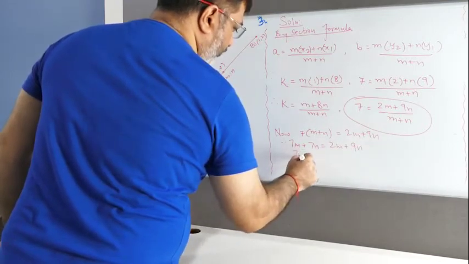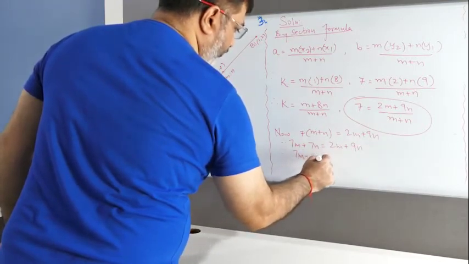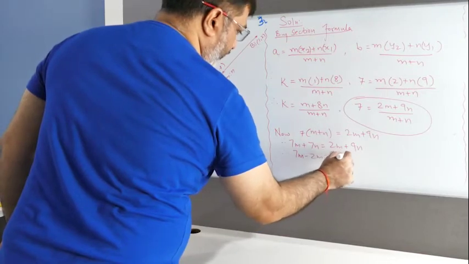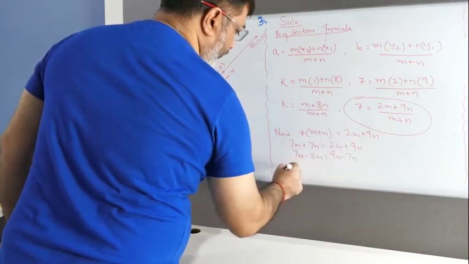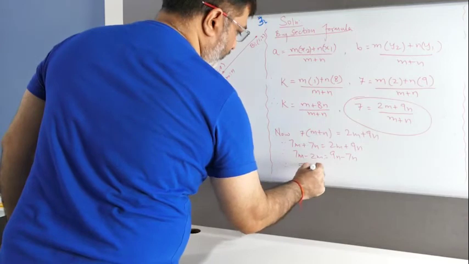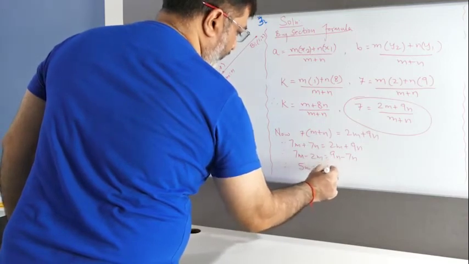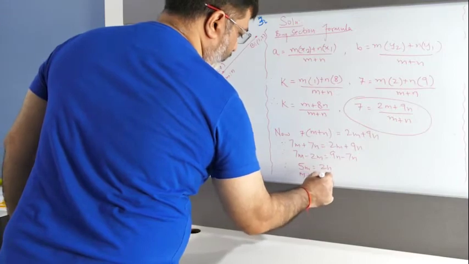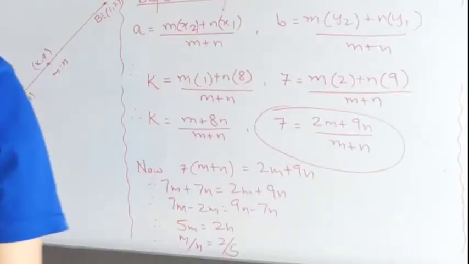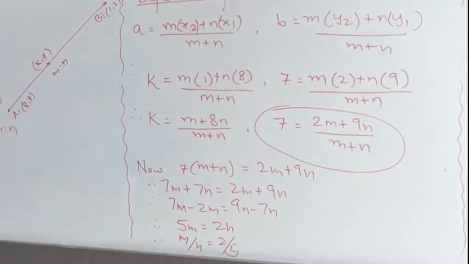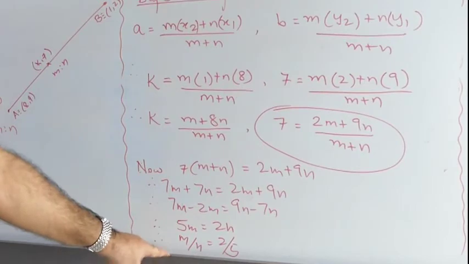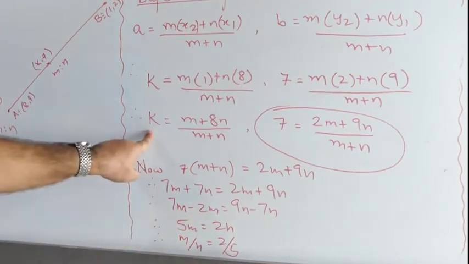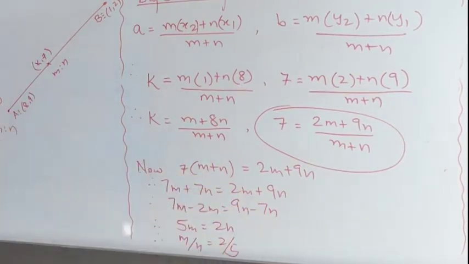So 7m minus 2m is equal to 9n minus 7n. So 5m is equal to 2n. So m upon n equals 2 upon 5. So you got the ratio m is to n. Right? Now this value we will substitute here and we will get the value of k.